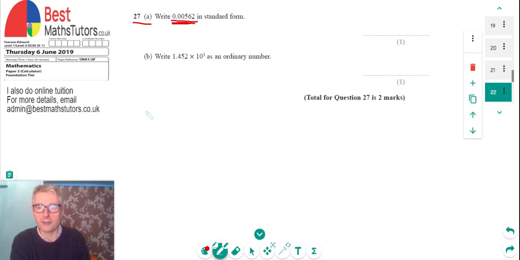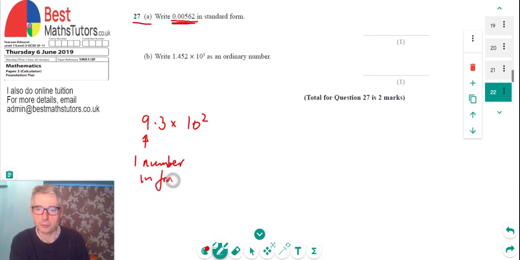So an example of a number in standard form could be 9.3 times 10 to the 2. And we can see the number here, we've got one number in front of the decimal point. So only one number in front of the decimal.